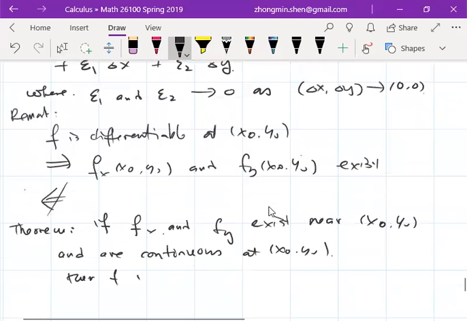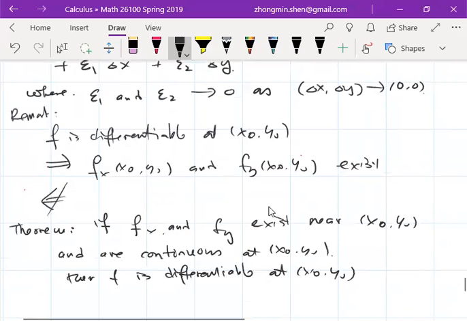Then f is differentiable at that point. Okay, then you can prove that the above is correct. So they're not equivalent, but you can check whether the function is differentiable using this theorem.